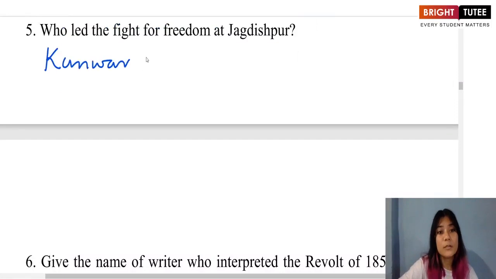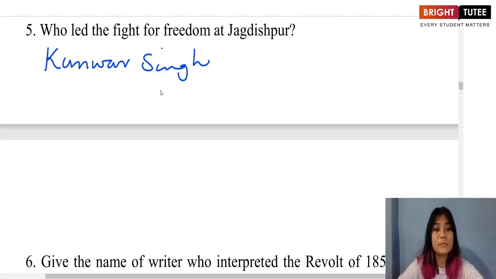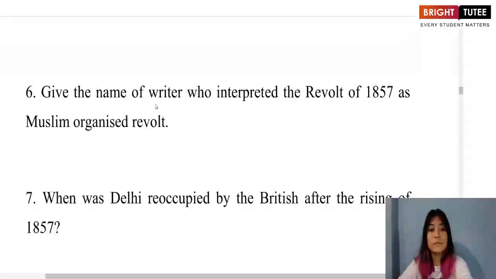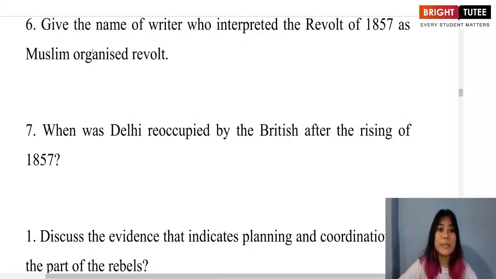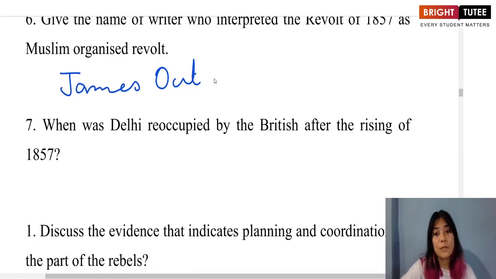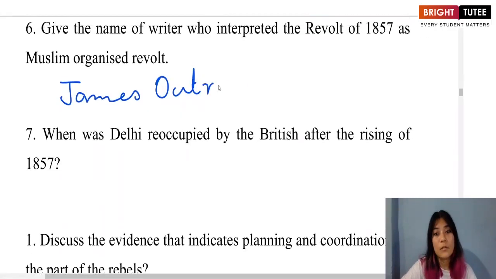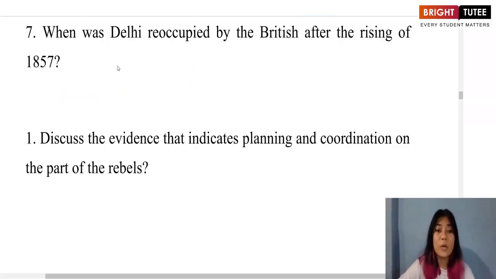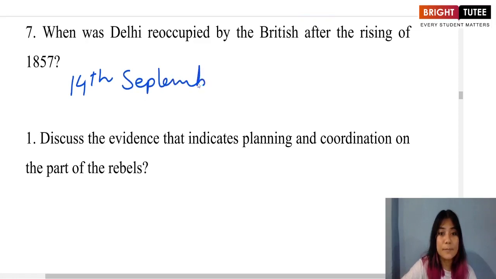Kunwar Singh. The next question. Give the name of writer who interpreted the revolt of 1857 as Muslim organized revolt. It was James Outram. The next question. When was Delhi reoccupied by the British after the uprising of 1857? 14th September 1857.